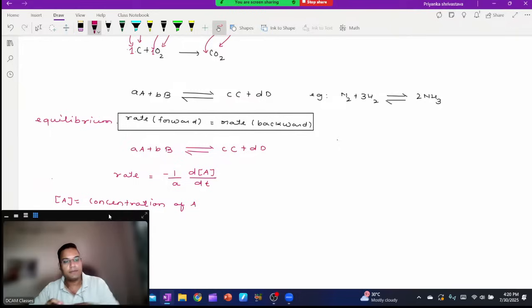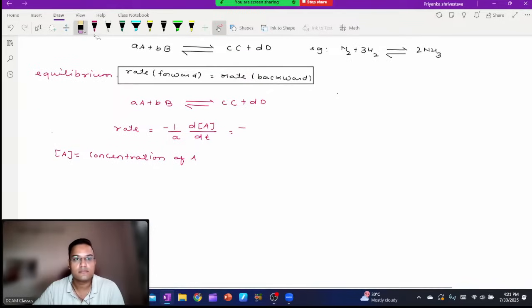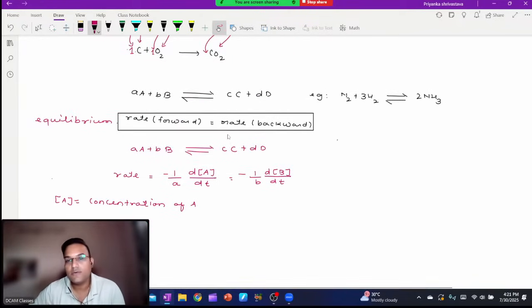So Kanishka, do you remember how do we represent the concentration in chemistry? Sir, not exactly. I forgot. Actually, I told you in the basic concepts of chemistry class that the concentration in a solution is represented by quantities.